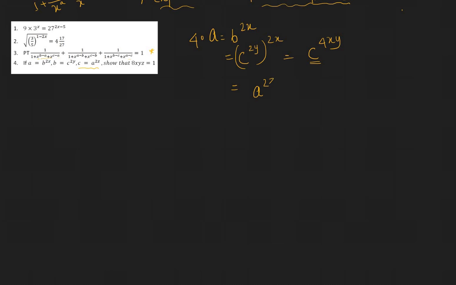So a power 2z is c power 4xy, and this is a power 8xyz. Okay, so that's your a, and a is nothing but a power 1. So this implies that 8xyz is equal to 1.